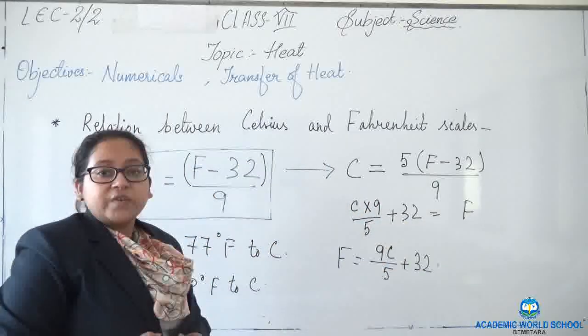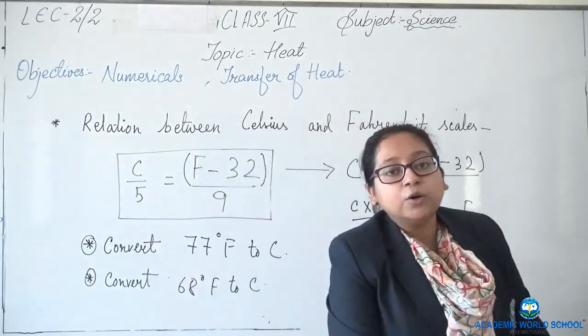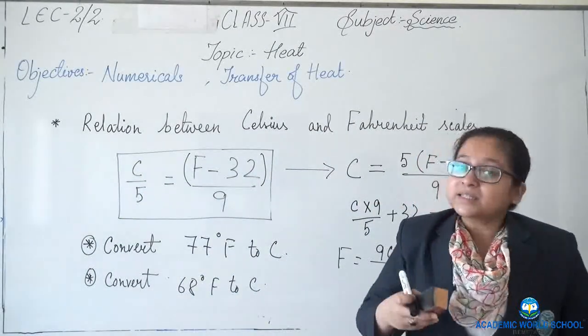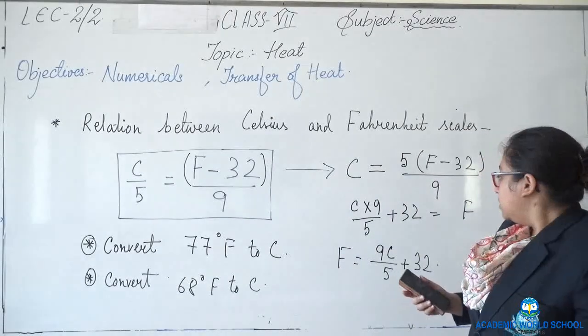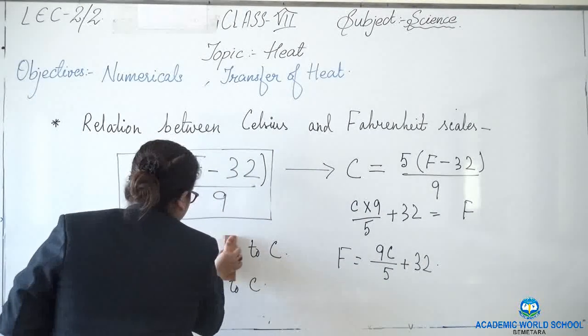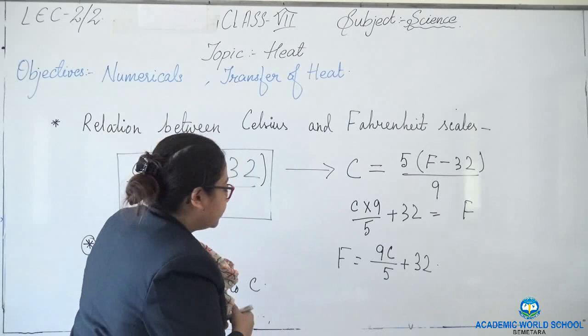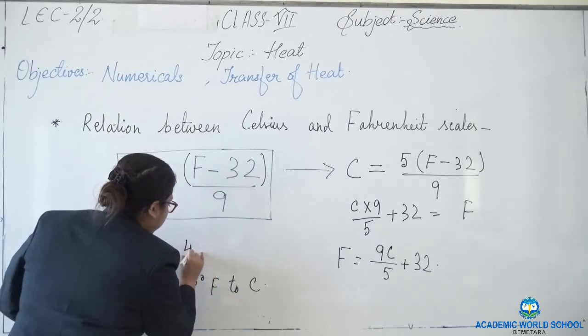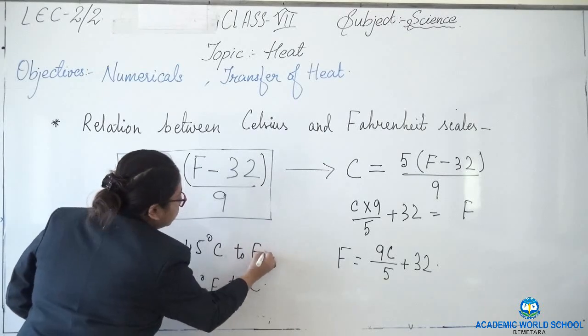This is my value of F. Now we will solve sums based on how to convert Celsius to Fahrenheit. Do first sum. Convert 45 degree Celsius to Fahrenheit.